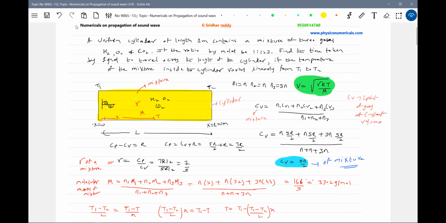After getting this, we substitute it here. From Mayer's equation in thermodynamics, Cp minus Cv equal to R, so Cp equal to Cv plus R. Cv of the mixture is 5R by 2. Solving this, we get Cp as 7R by 2.